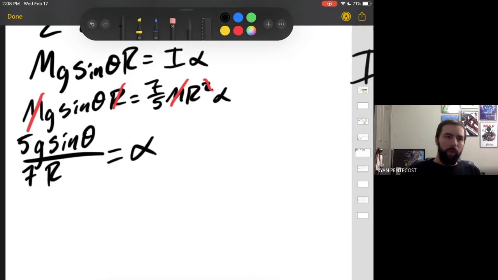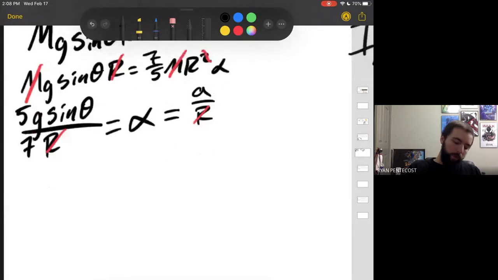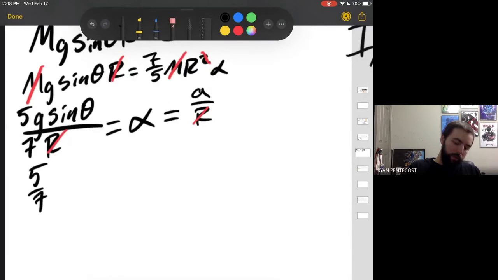Now, if alpha equals a over r, right? Yeah, alpha equals a over r, so that means that we're going to divide again by a radius. So that means that you get 5/7 g sine theta equals your acceleration.